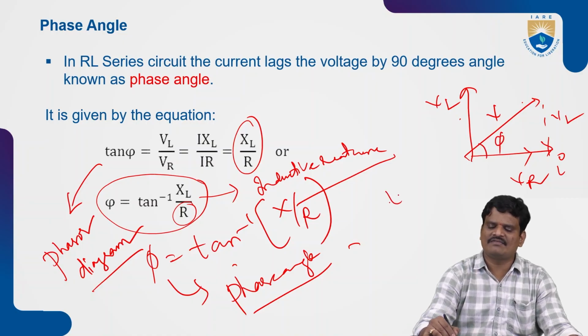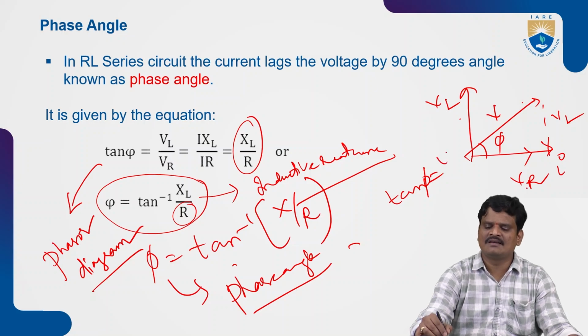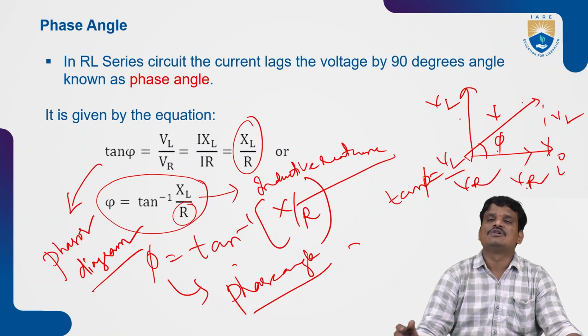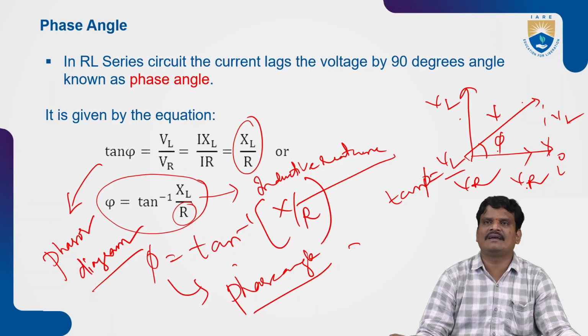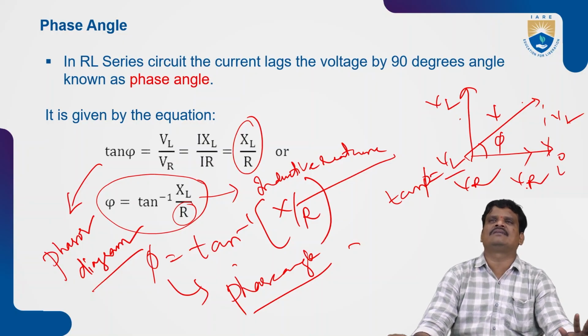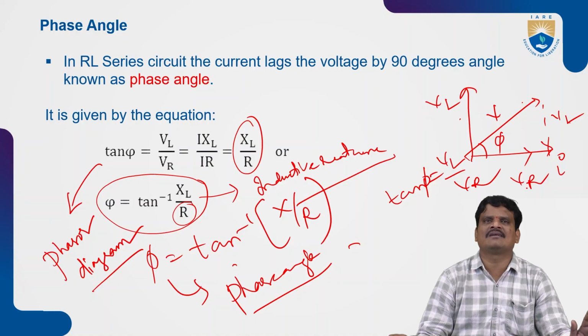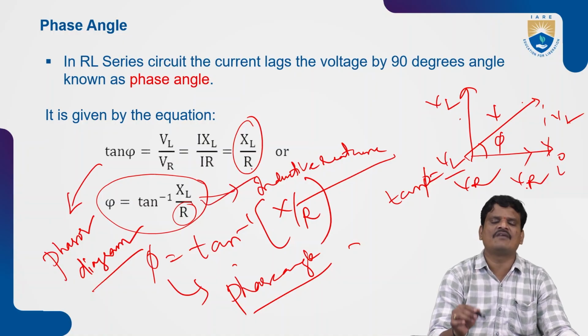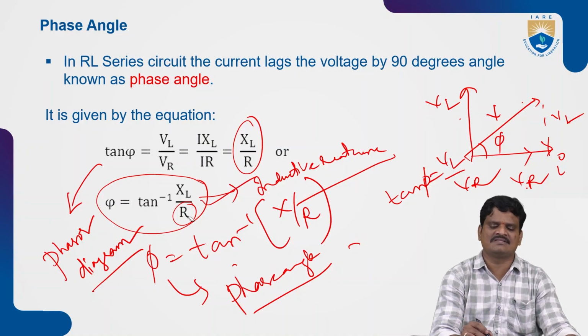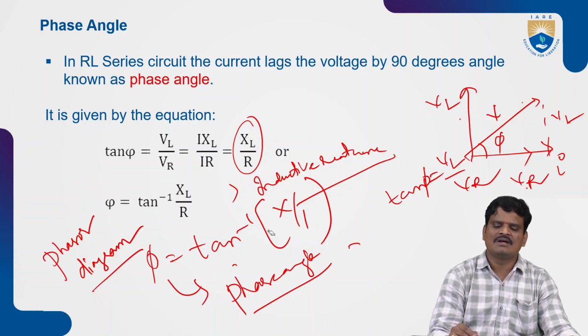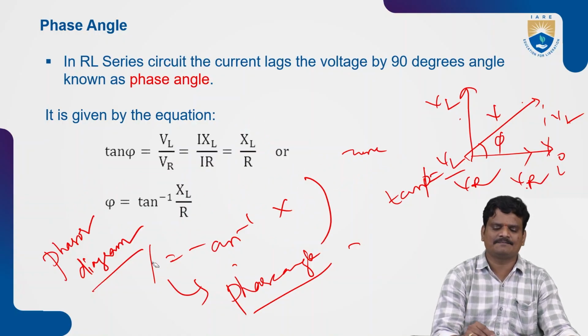So tan phi is opposite side by adjacent side, VL by VR. After calculating tan phi, the phase angle offered by the series RL circuit is phi equal to tan inverse of XL by R.